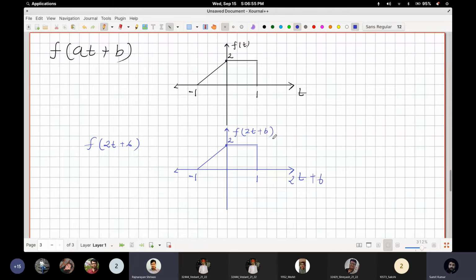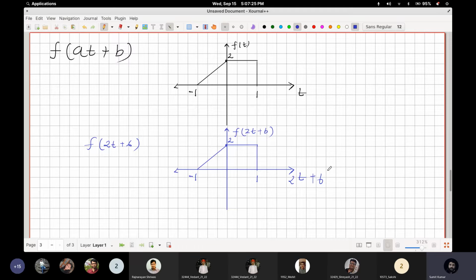So what sir told above, we have to draw f of 2t plus 6 versus t. Our ultimate goal is to draw f of 2t plus 6 versus t, correct? Just like we were drawing above. Yes sir, continue. Okay. So our ultimate goal is, as sir told you, that in the end we draw f of 2t plus 6 versus t.